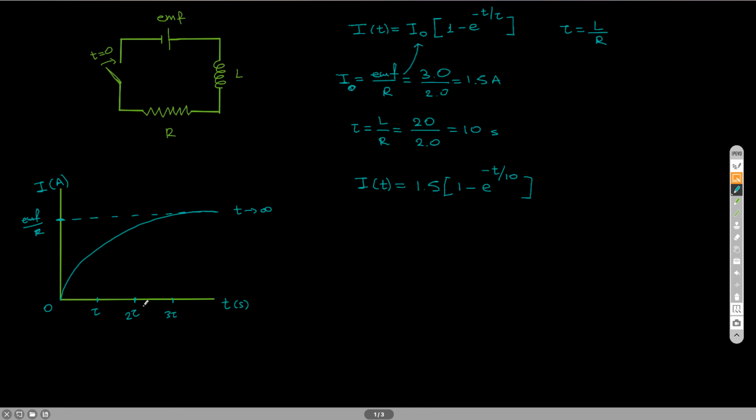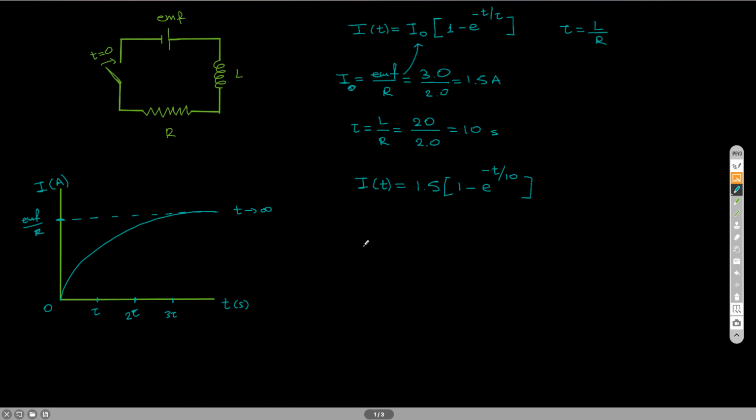If you wait 3 time constants, so in this case, 20-30 seconds, my current will not be exactly EMF over R, but it will be somewhat close to that value. So this is what the graph of the current versus time looks like.